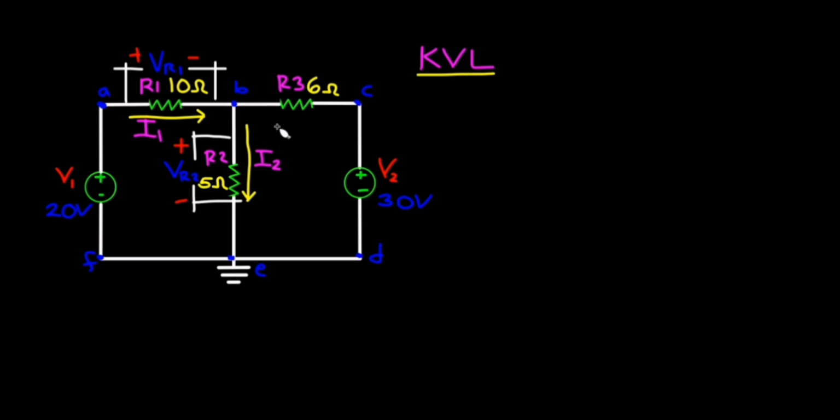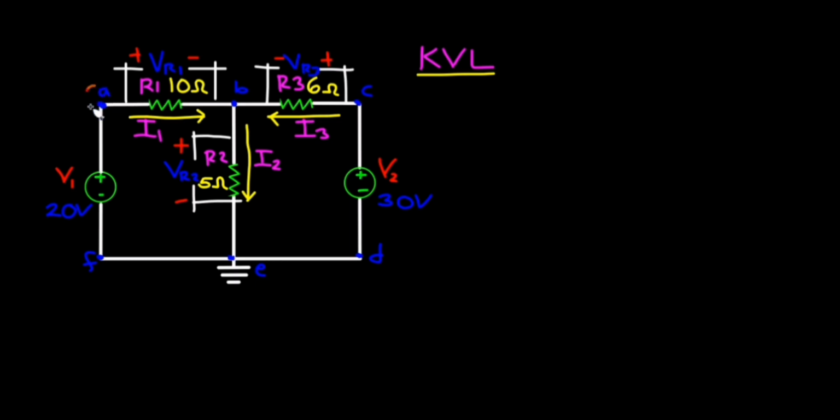For R3 guys, it will be assumed that current flows entering the junction, and called I3. This will create a voltage drop referred to as VR3, and the polarity is from positive to negative. Just remember the conventional flow of current when designating the polarity of voltage drops.